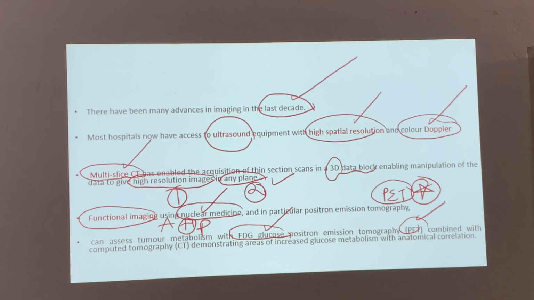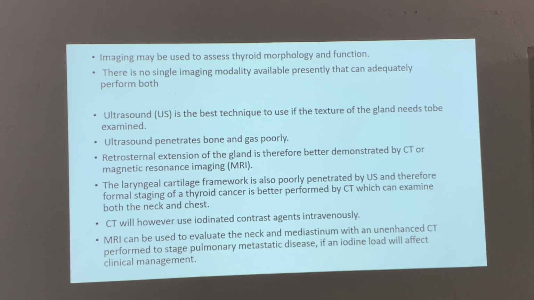Imaging may be used to assess thyroid morphology and function. There is no single imaging modality available presently that can adequately perform both. Ultrasound is the best technique to use if the texture of the gland needs to be examined. Ultrasound penetrates bone and gas poorly. Retrosternal extension of the gland is therefore better demonstrated by CT or MRI. The laryngeal cartilage framework is also poorly penetrated by ultrasound, and therefore formal staging of thyroid cancer is better performed by CT, which can examine both neck and chest.